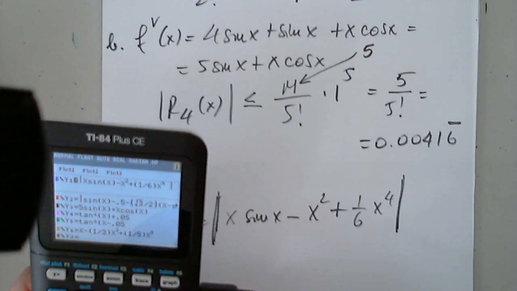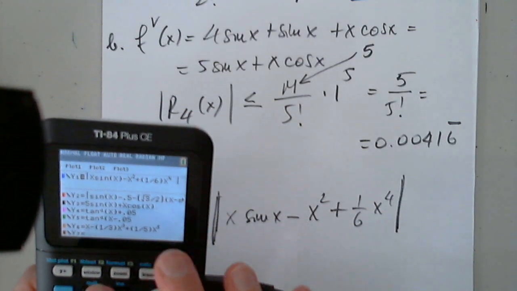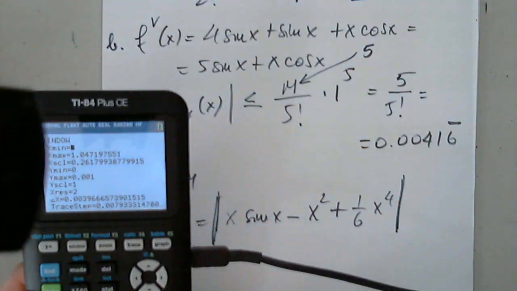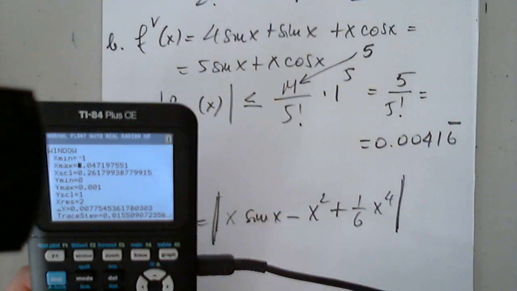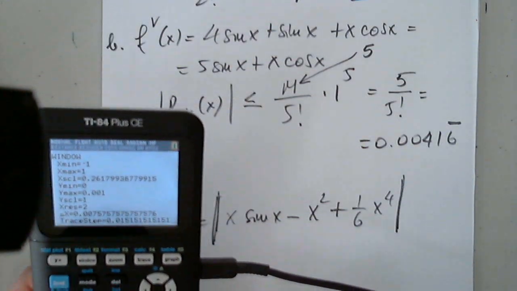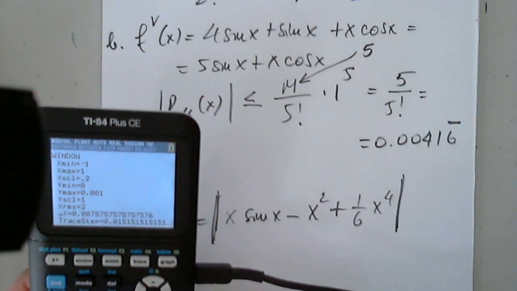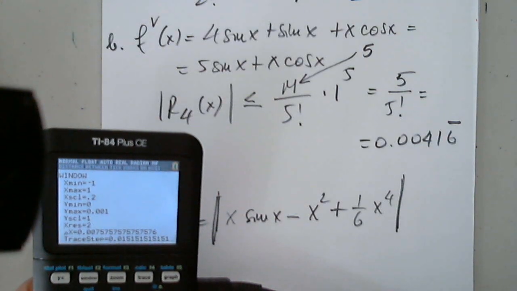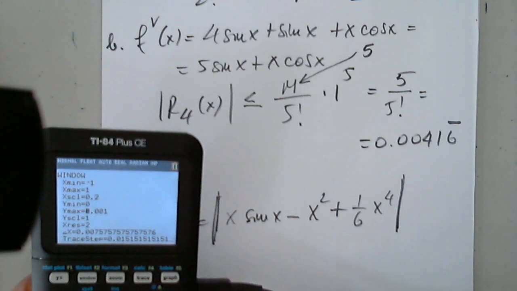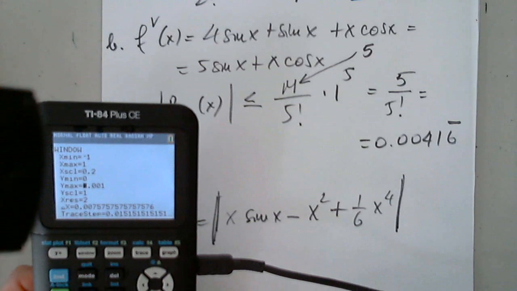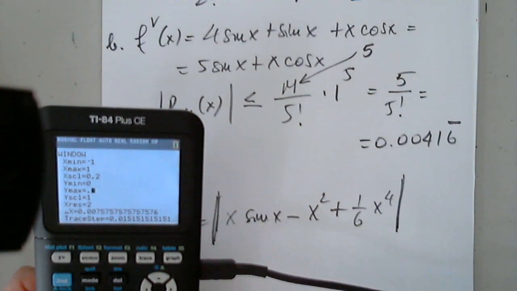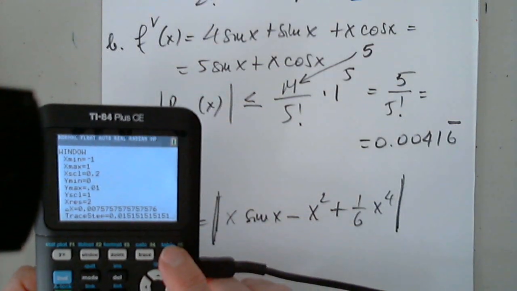Okay, so I have that in. Now I need a viewing window. The viewing window has to be between -1 and 1 with a scale of 0.2. And how high? I'm going to put 0.01.